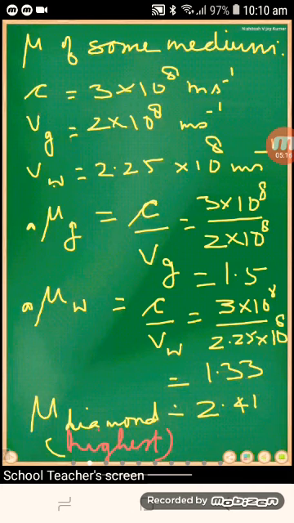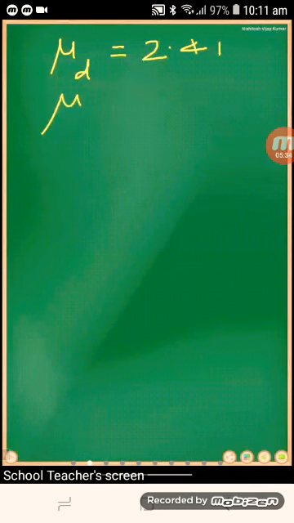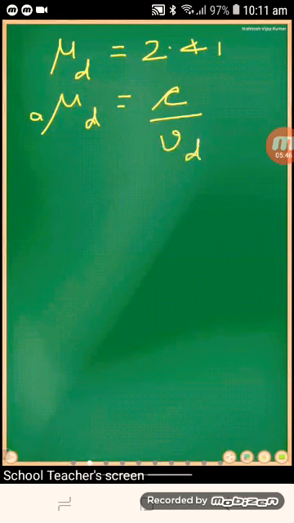Now, for example, if I want to find out the velocity of light in diamond, then we can use this formula. We know the refractive index of diamond is 2.41. The refractive index of diamond with respect to air is the velocity of light in air upon the velocity of light in diamond.